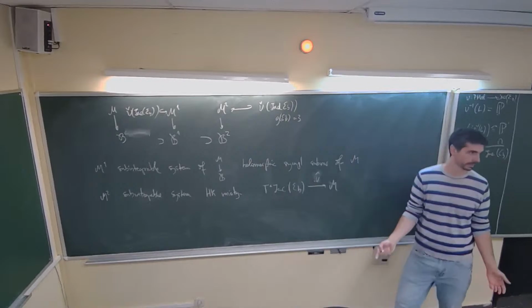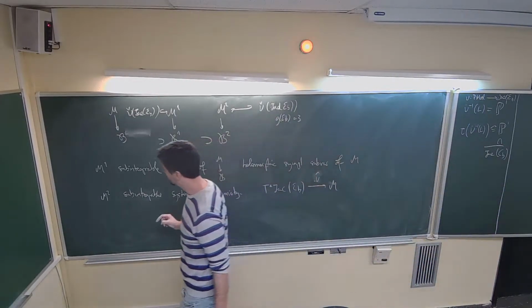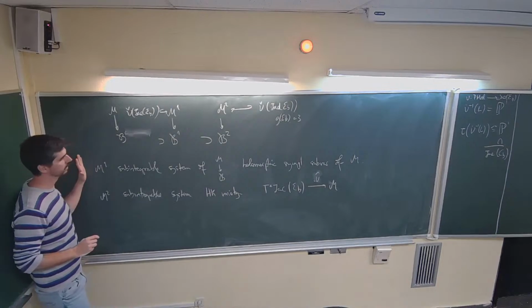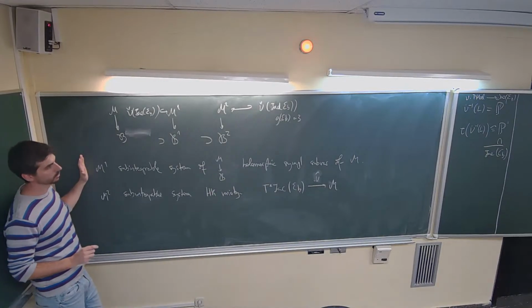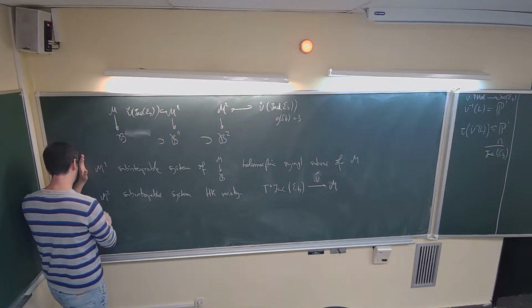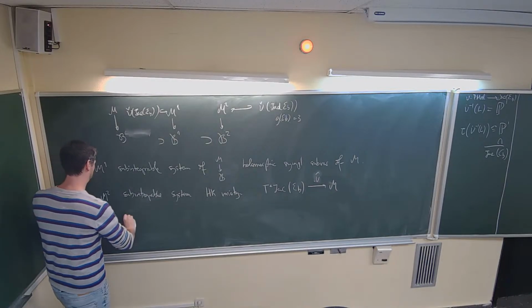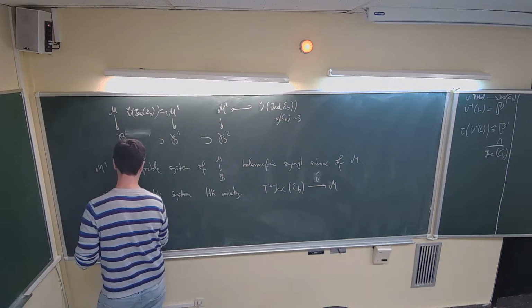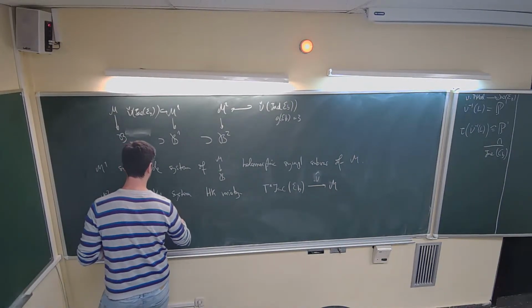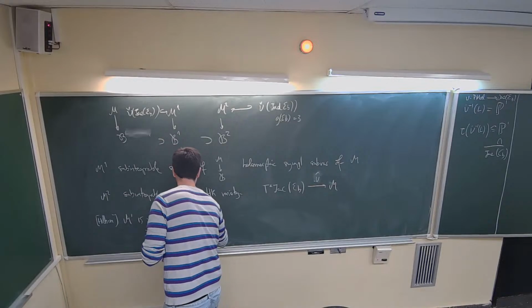It's a hyperkähler subvariety. One could think that perhaps this M1 is also hyperkähler, but Hitchin proved that M1 is not hyperkähler, not as a hyperkähler subvariety.